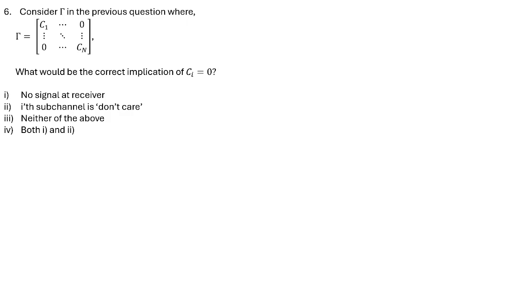You can also view it from an OFDM perspective as the channel gain of different subcarriers. So Ci you can consider as the channel gain of the ith subcarrier. Now what would be the implication of Ci equal to 0?